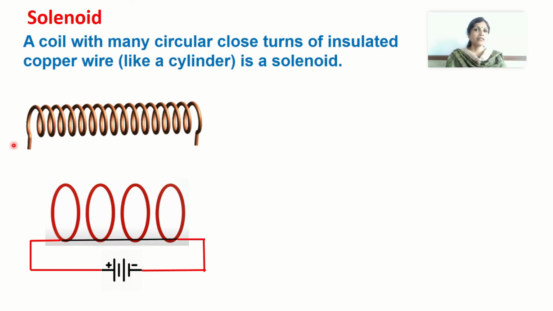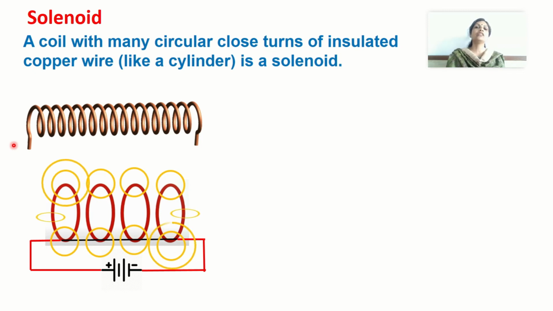Now in the previous discussion we have studied that when the conductor is in the form of a circular loop, at every point on the circular loop we get a magnetic field in the form of concentric circles. So at this point, everywhere you will see that the magnetic field is in the form of concentric circles like this, isn't it?